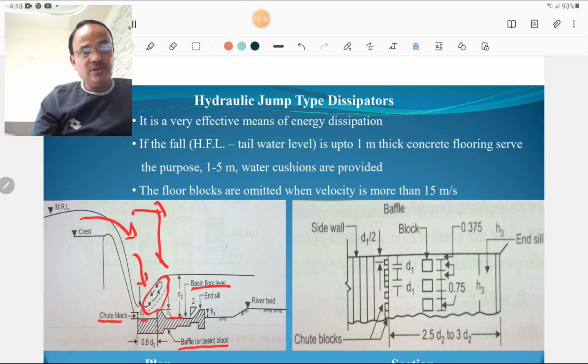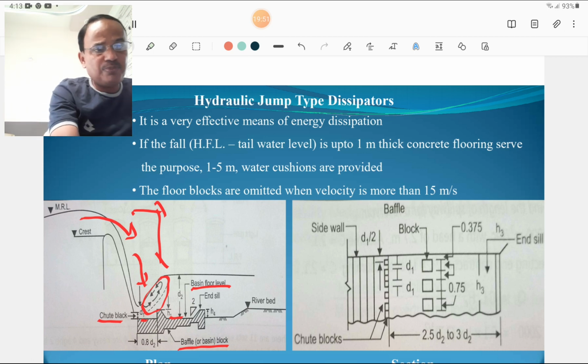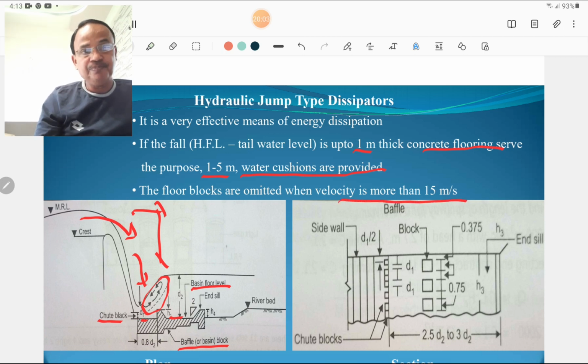If the fall, meaning HFL minus tail water level, is up to 1 meter, thick concrete flooring serves the purpose, and for 1 to 5 meter, water cushions are provided. Means if the fall is up to 1 meter, then concrete flooring is used, but if the fall is more than 1 meter up to 5 meter, water cushions are provided. The floor blocks are omitted when the velocity is more than 15 meter per second.